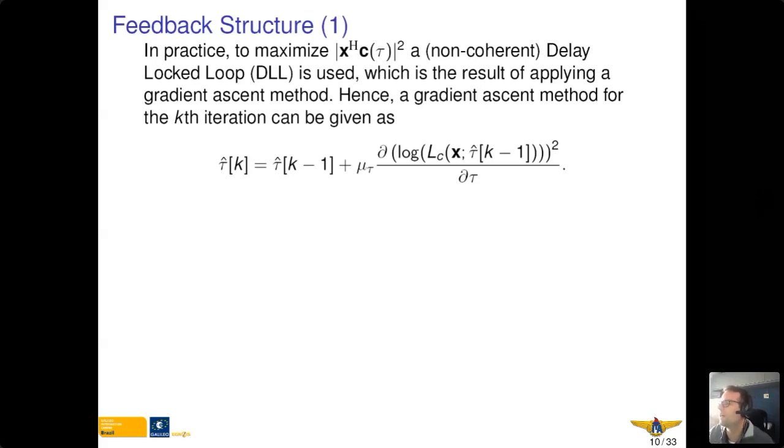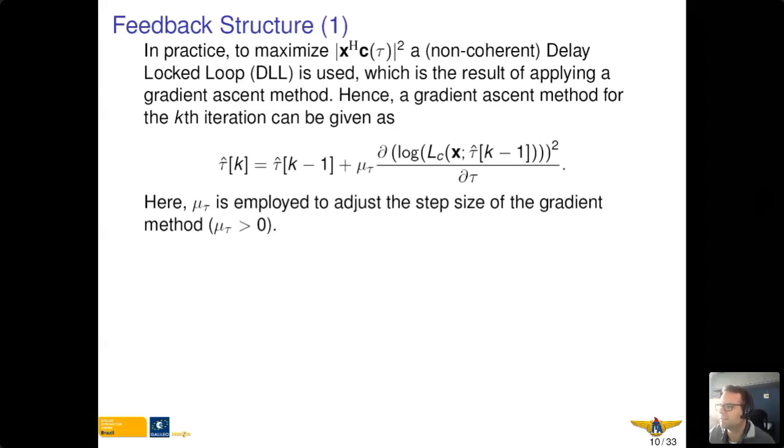If you remember, for the time delay only estimate, we had the likelihood for the time delay estimation. And mu of tau, again, is a step size, and this is a design parameter. You have to design this. You can choose this step size.